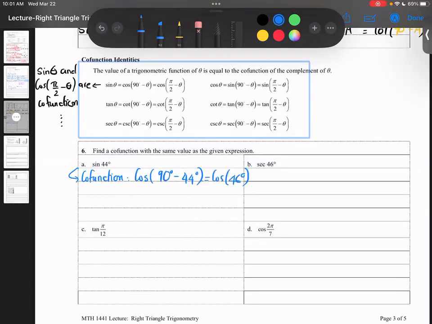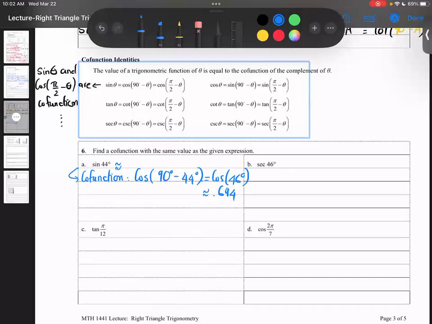Plug into your calculator. What did you have? Let's round it to 3 decimal places. What do you guys have? Yeah, 0.694. I want you to do the same thing for sine 44 degree.